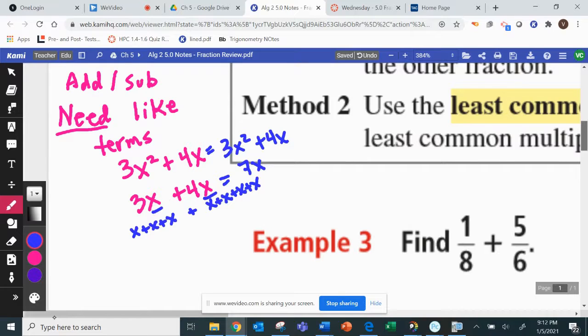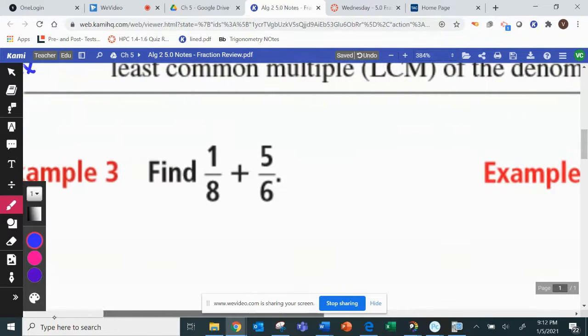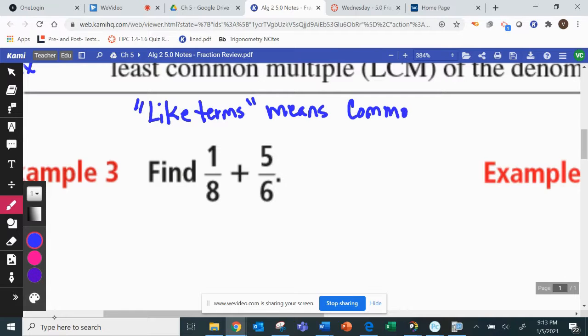So when we talk about fractions, in order to add or subtract fractions, we need like terms. And to have like terms with fractions means we have a common denominator, the same denominator.